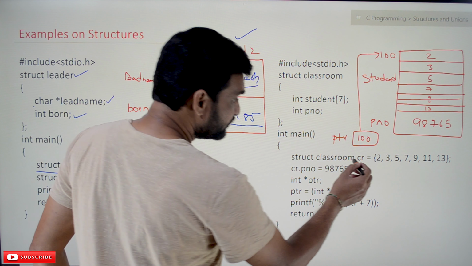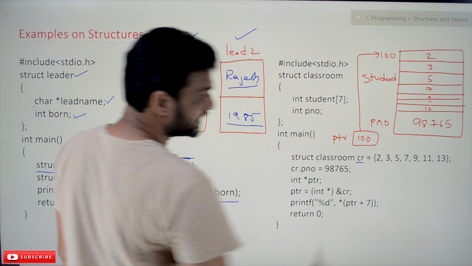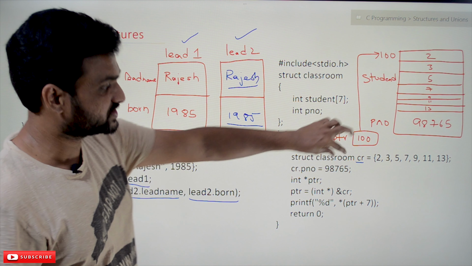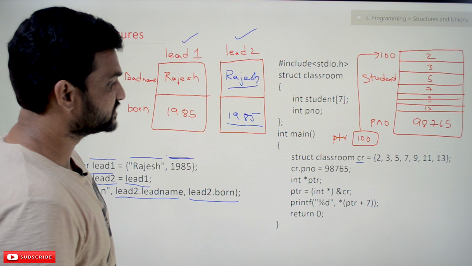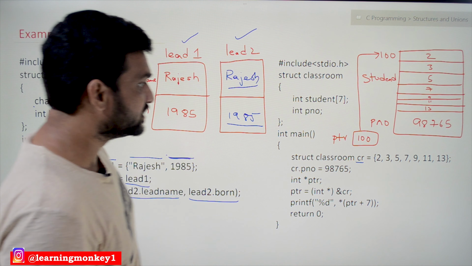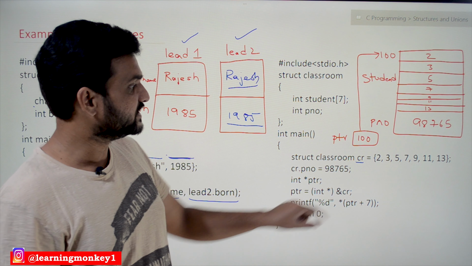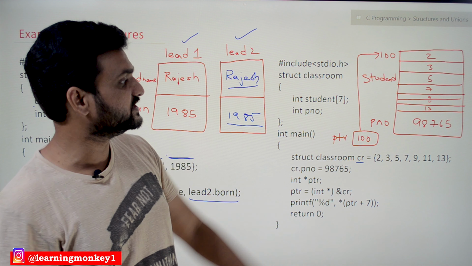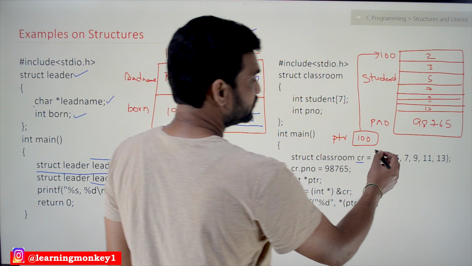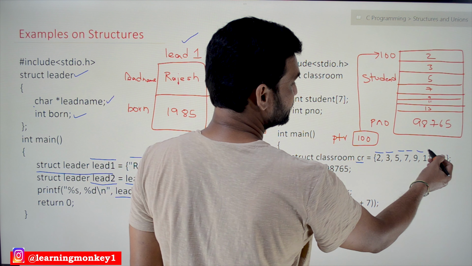We have declared a variable called CR, which is of structure type classroom, and the values assigned to this CR are 2, 3, 5, 6, 7, 10, 11.